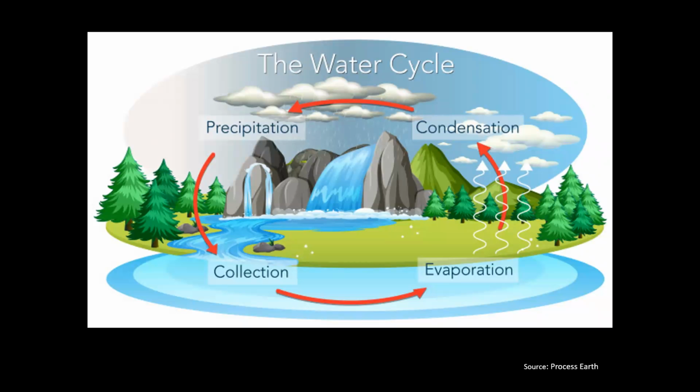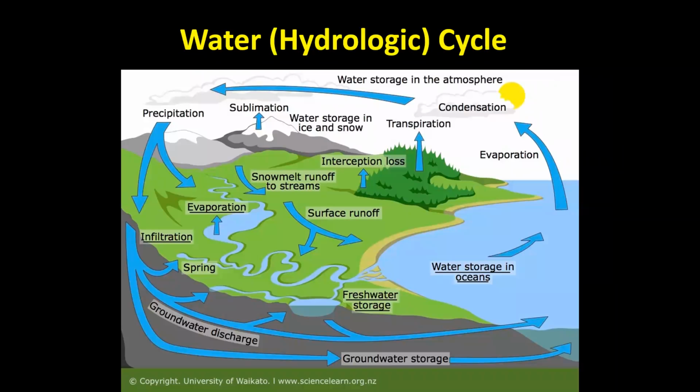Now, we all know from elementary school that there's the water cycle, with evaporation and condensation and precipitation, and it goes in a cycle. In reality, the water cycle, or the hydrologic cycle if you want to get more technical, is quite complex.